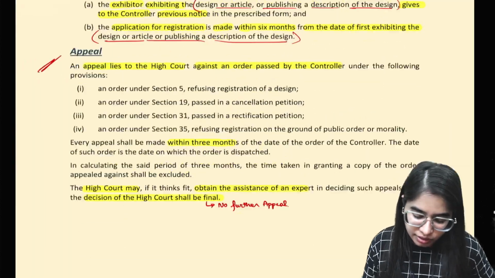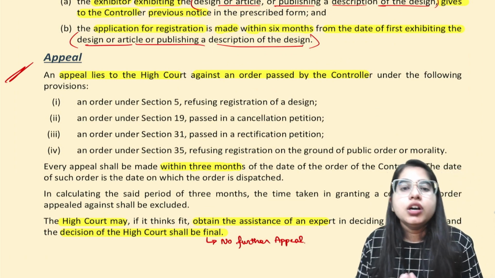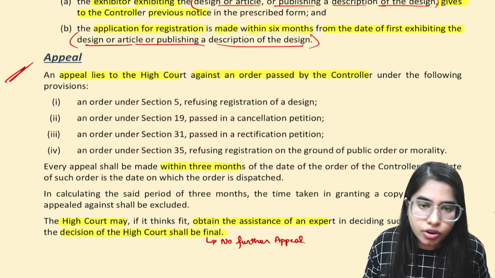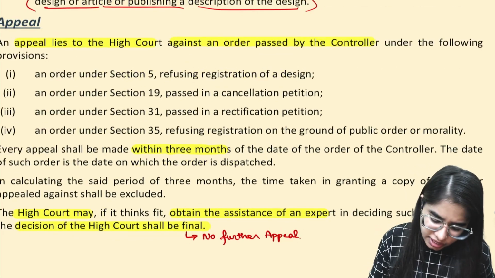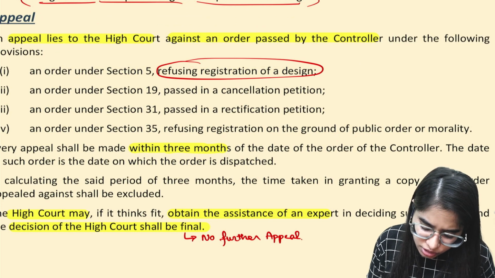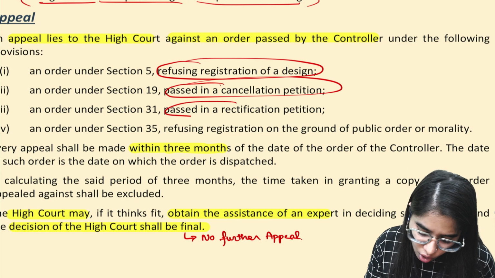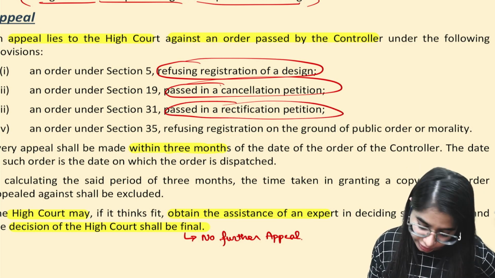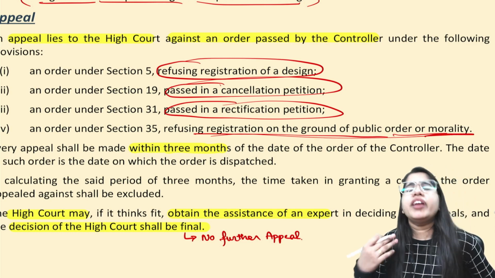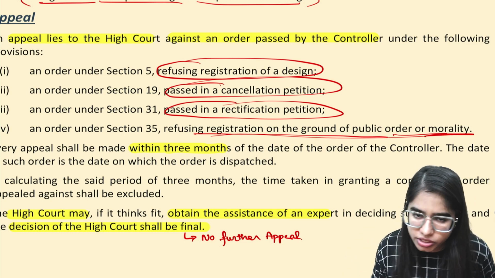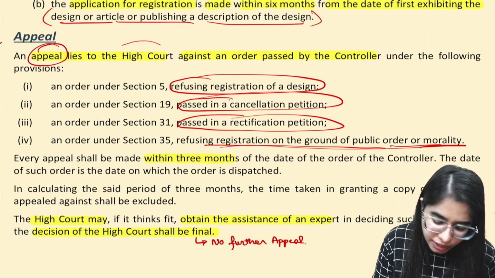Here one point is given: if the controller refuses to register your registration, or refuses to restore your patent, or passes a cancellation petition, cancels your registration, or orders you to rectify your registration, or refuses registration on the grounds of public morality, in that particular case you can file an appeal to the high court.